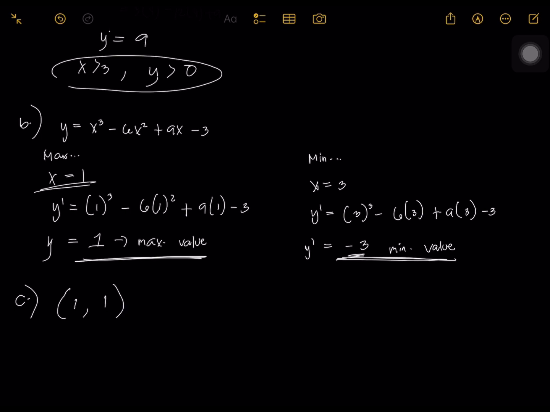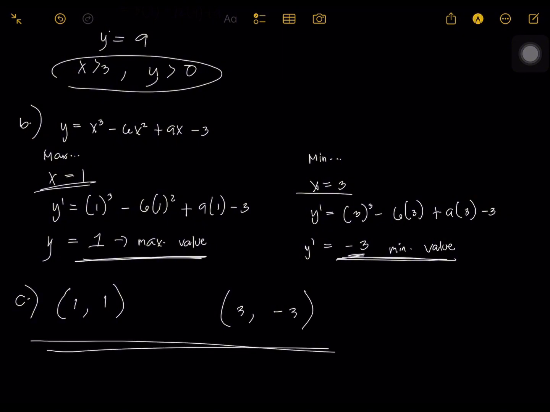And on this side we have x equals 3 and y equals negative 3. So these are the maximum and minimum points of the curve.